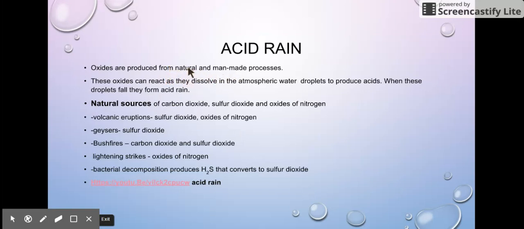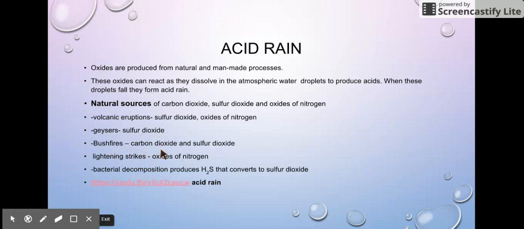Not all of these things are man-made. There are natural sources, and some of these include volcanic eruptions. There are large amounts of sulfur dioxide and oxides of nitrogen that come out of volcanic eruptions, and geysers. Geyser pools often smell quite strongly of sulfur because they're producing large amounts of sulfur dioxide.